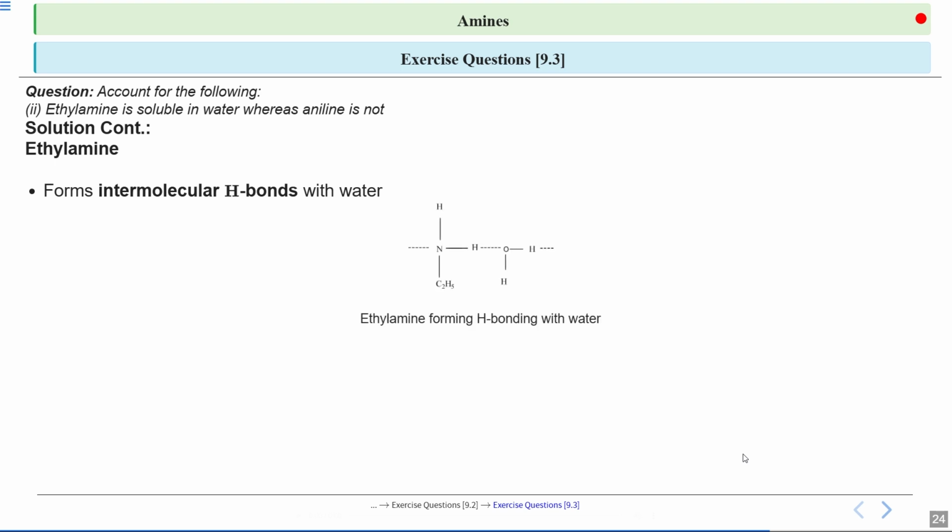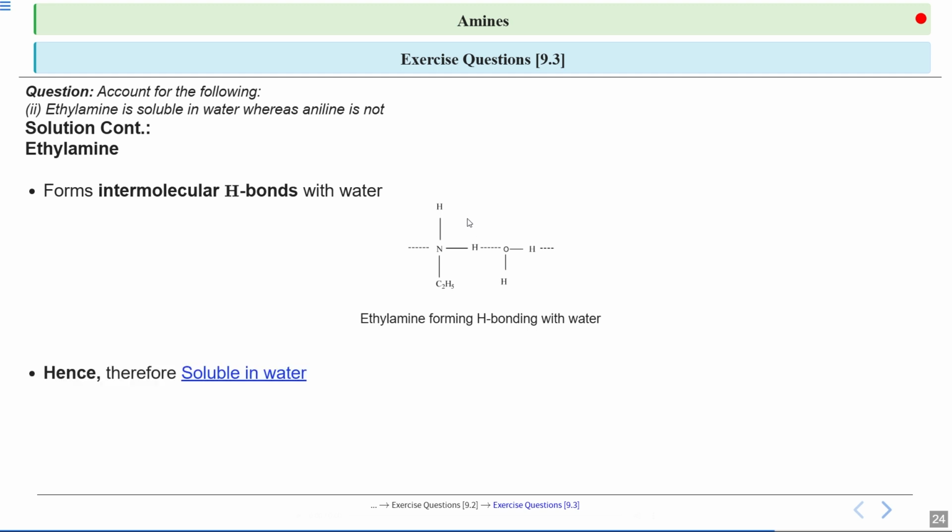If you look over here, this is ethylamine, C2H5NH2, which has 2 hydrogens and 1 ethyl group. This hydrogen is bonded to the oxygen of water. You will see these dotted lines, which represent the hydrogen bonding. Oxygen is more electronegative, so it will have a partial negative charge, and this hydrogen will have a partial positive charge. So this is ethylamine forming a hydrogen bond with water.